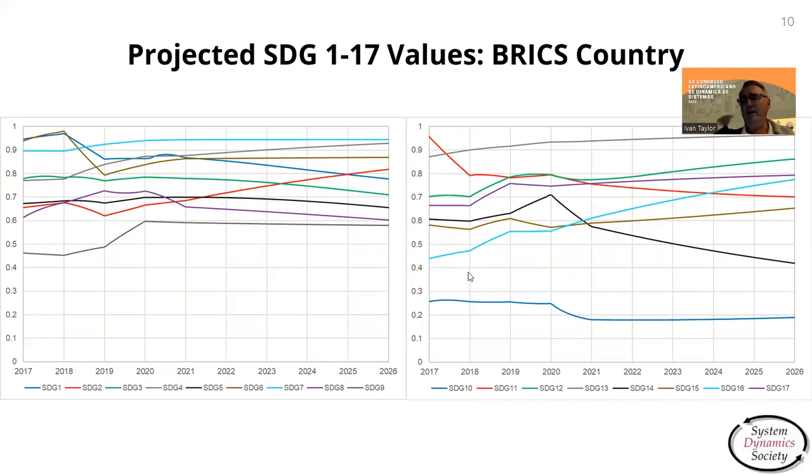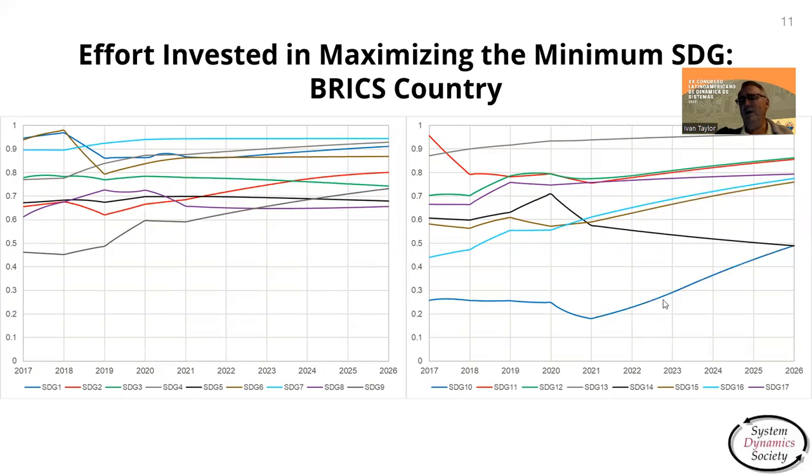So our approach was that we wanted to improve the most problematic SDG. So we applied what we call extra effort to all of the SDGs in a way that gives us the maximum improvement in the worst SDG, which in this case is SDG 10, which is reduce inequality. So when we applied effort, we optimized the effort to improve SDG 10, we see that we got quite an improvement in SDG 10, but also notice we got improvement in other SDGs as well.